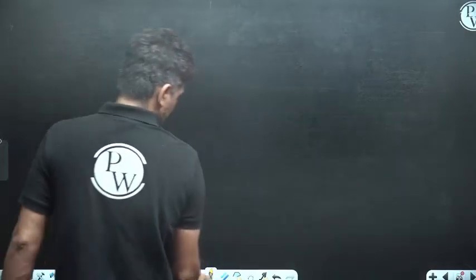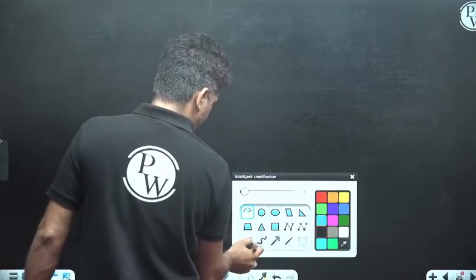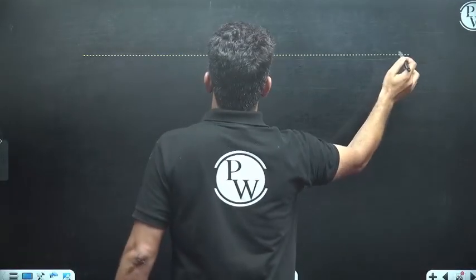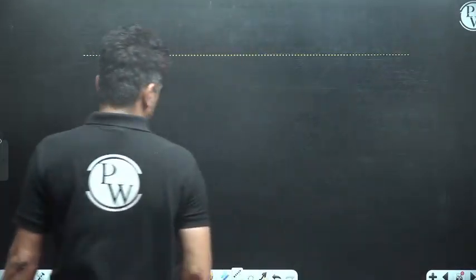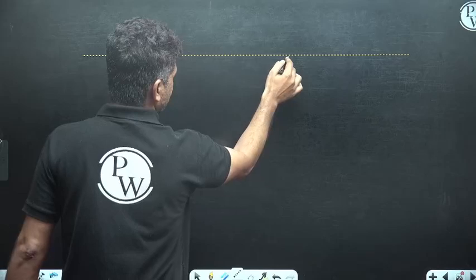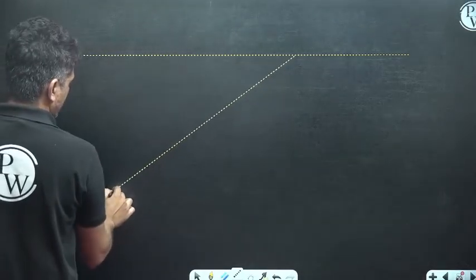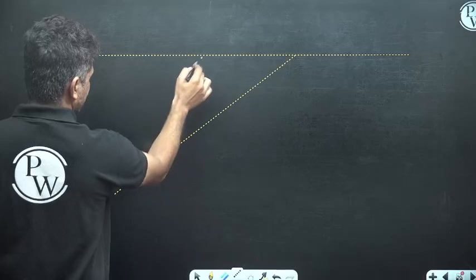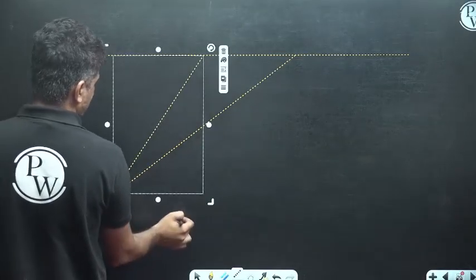So let's take help of straight lines. Okay, so this is your straight line. Then here will be your absolute velocity coming, and here is, let's say, your relative velocity coming.